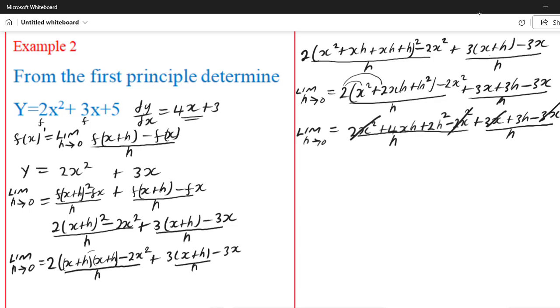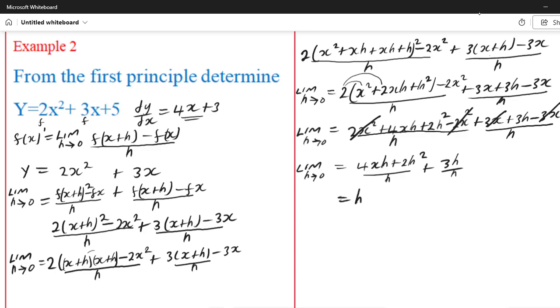So our equation, limit of h as it approaches 0 will be 4xh plus 2h squared. Everything we divide by h, then we add 3h over h. So in our equation, h is common, so we can factor h outside.